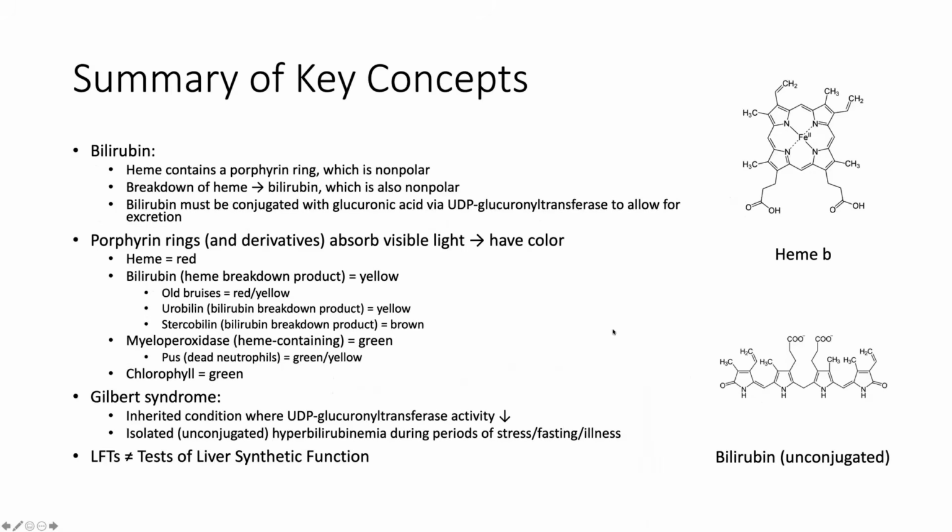Great, awesome. We are back to our summary of key concepts. Again, I won't reread it, but it's fun, right? It's fun to think that something so simple like a porphyrin ring in heme can be tied to jaundice and bilirubin. It can be tied to the color of your urine if you have cholestasis, biliary bile stuff. It can be tied to the color of urine, just period, because of the urobilin.